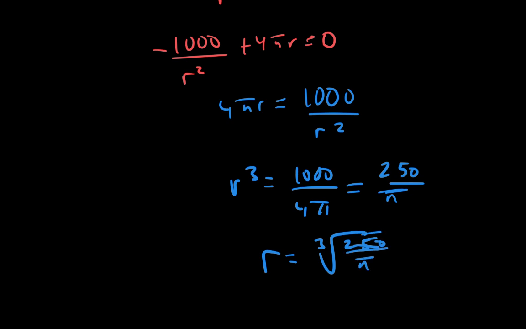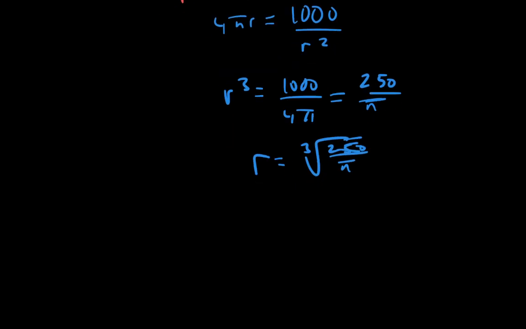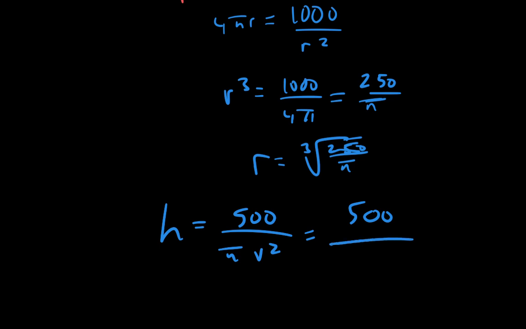That's our r. h then was 500 divided by pi r squared, is equal to 500 divided by pi times this quantity. Let's actually solve for this real quick.